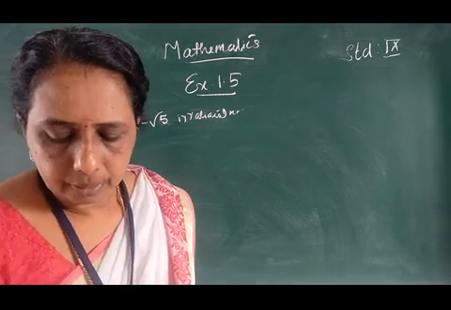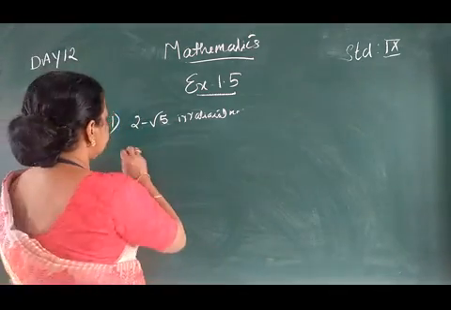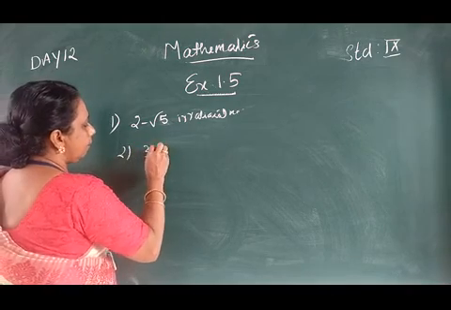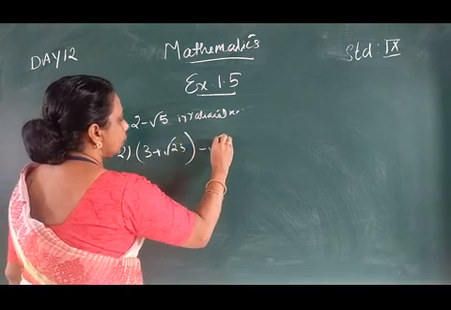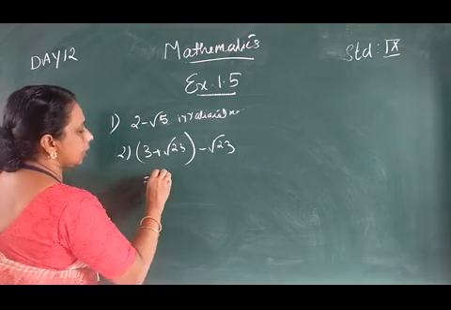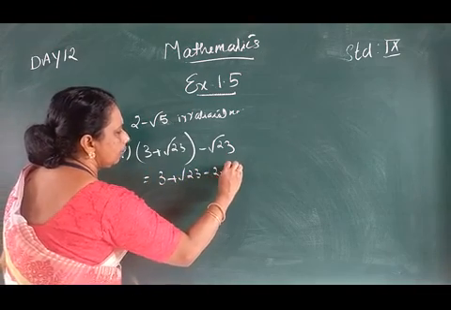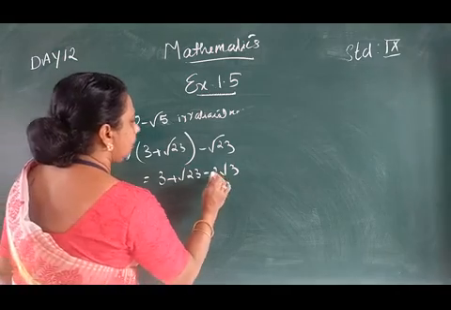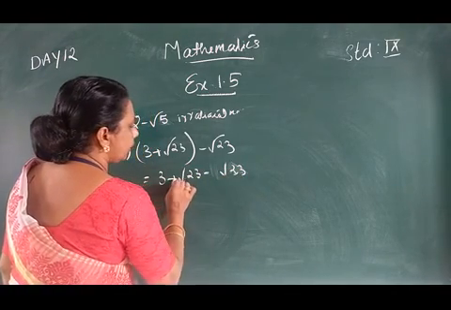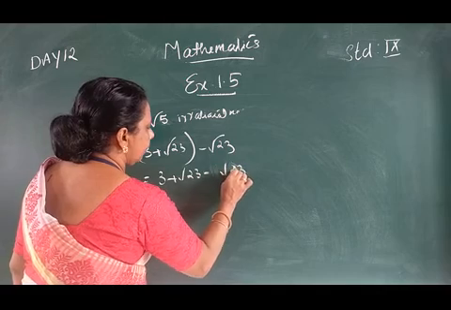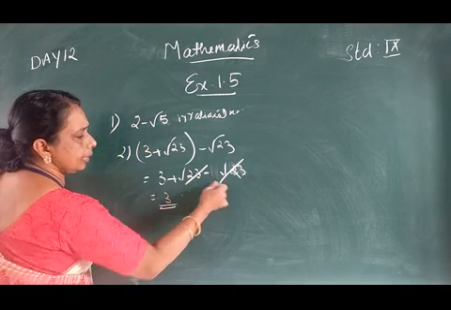The second question, 3 plus root 23 minus root 23. We can write this expression 3 plus root 23, changing in the bracket, we write it minus root 23. Plus root 23 minus root 23, we can cancel, and we get only 3 plus 0.